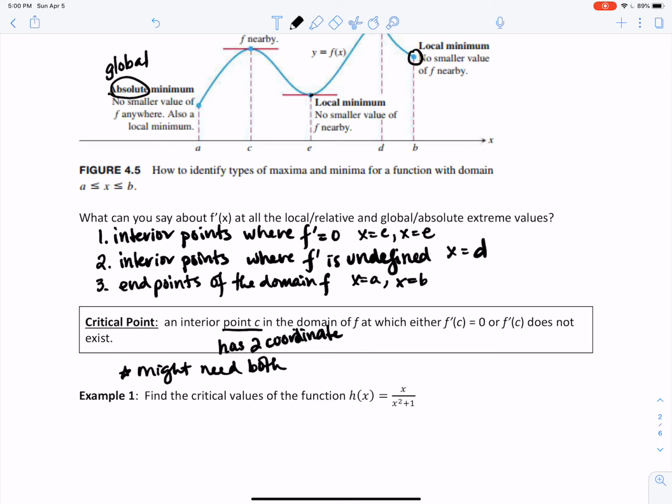For example, if you are doing implicit differentiation, you'll need both the coordinates of the critical point.